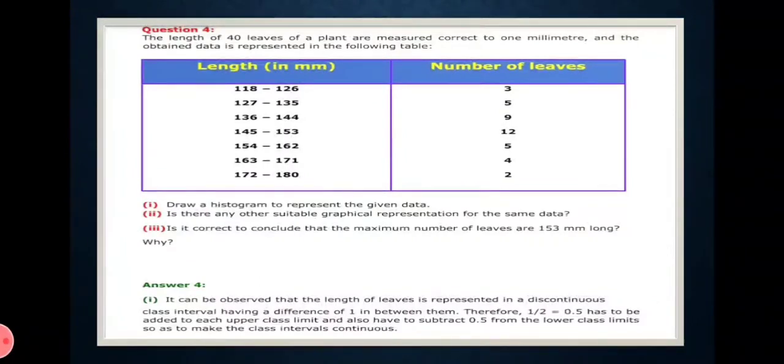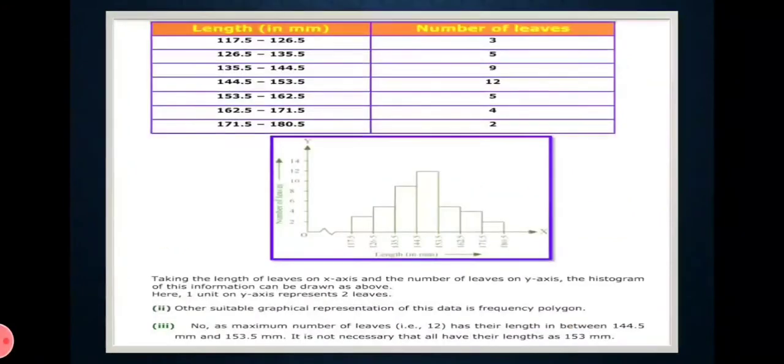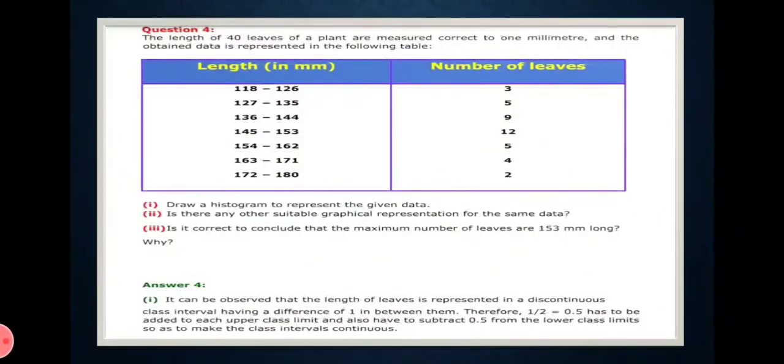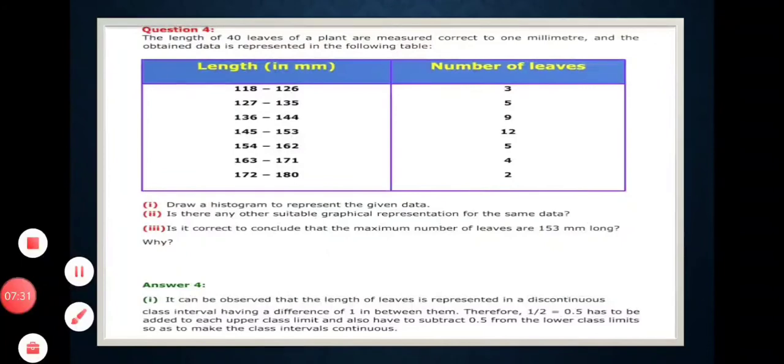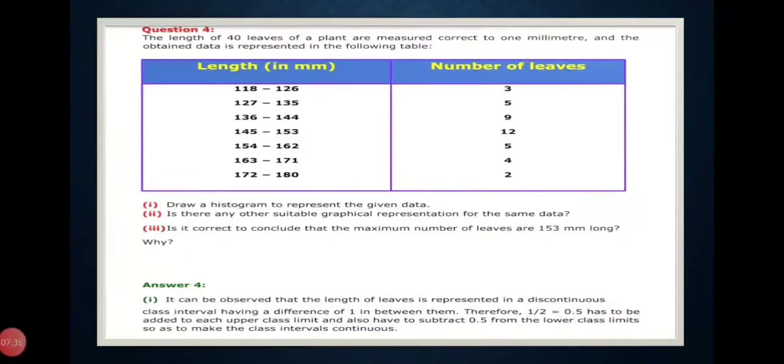As I mentioned previously, the class intervals, that is, the lengths of the leaves of the plant, are not given as continuous, they are discontinuous. So first we make the given classes continuous.